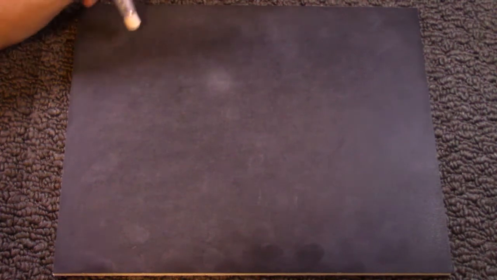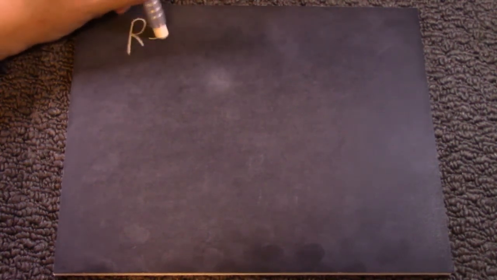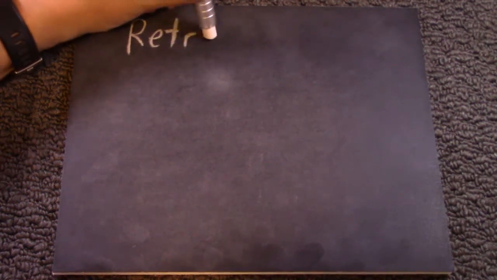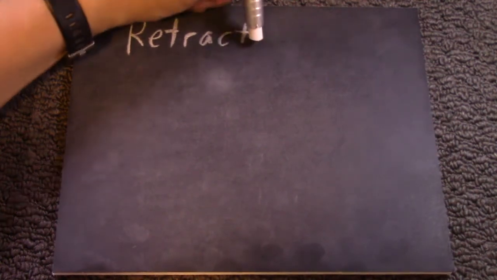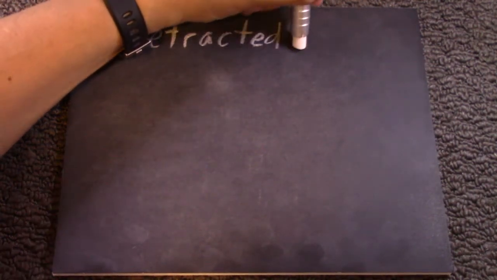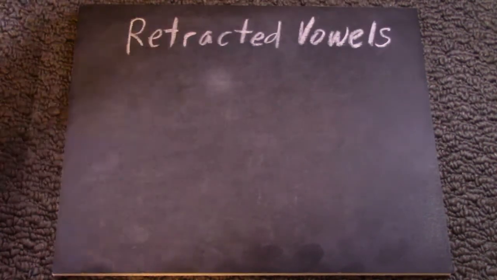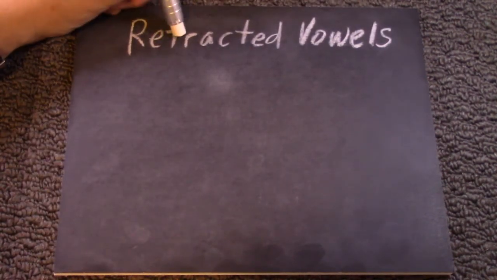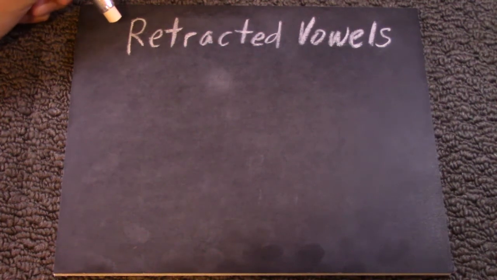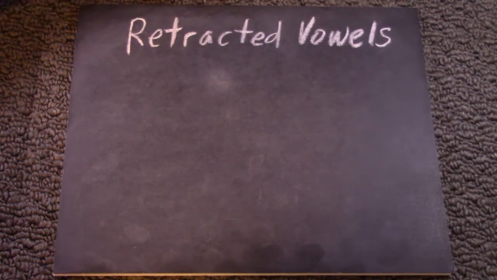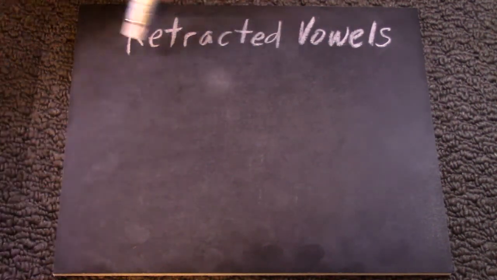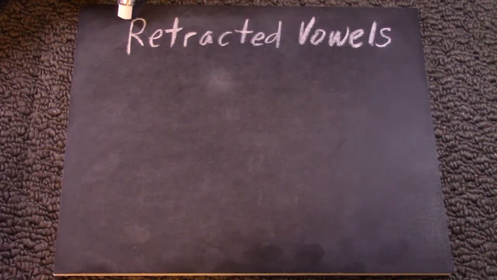Now we'll take a look at retracted vowels. So retracted vowels are different than regular vowels. And if you want to know how, take a look at this word retracted.